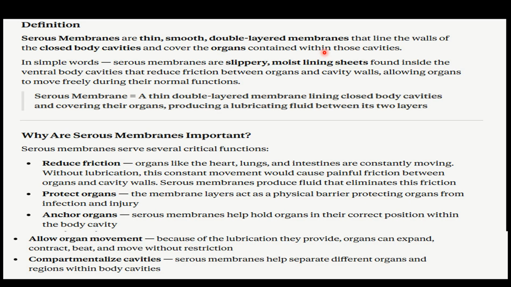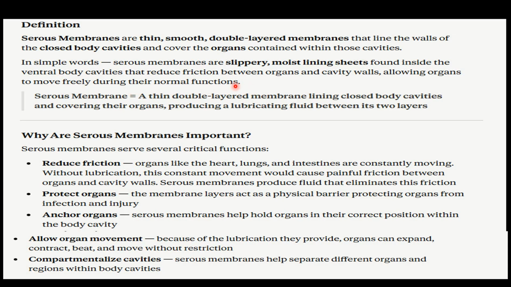In simple words, you can say that serous membranes are slippery, moist lining sheets found inside the ventral body cavities that reduce the friction, a very important term, between organs and the cavity wall. Serous membranes are mainly used to reduce the friction between the organs and the cavity walls, allowing organs to move freely during their normal function.